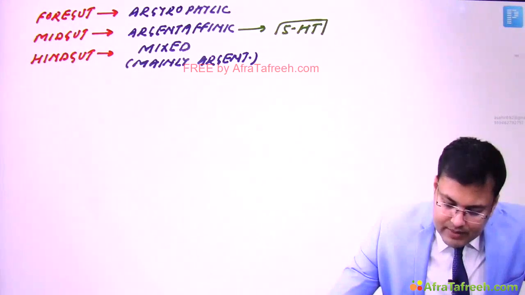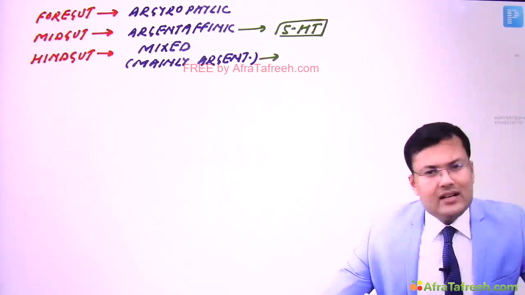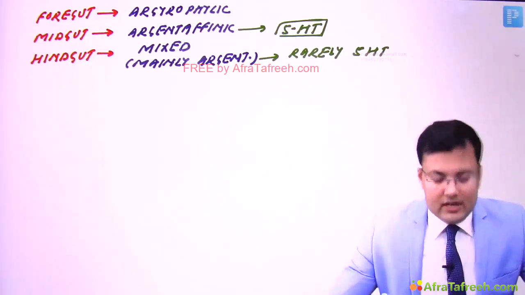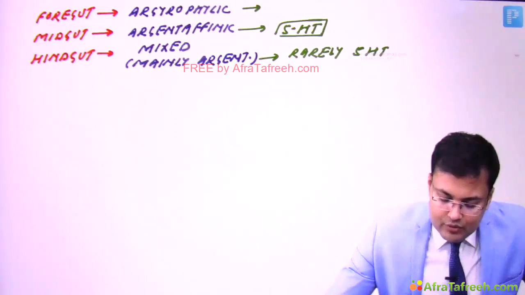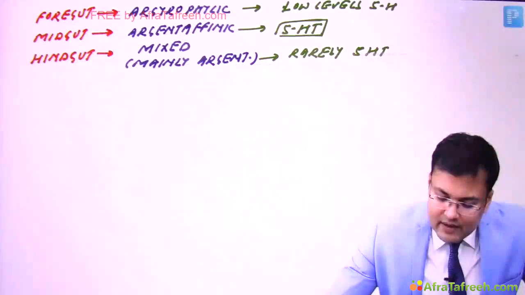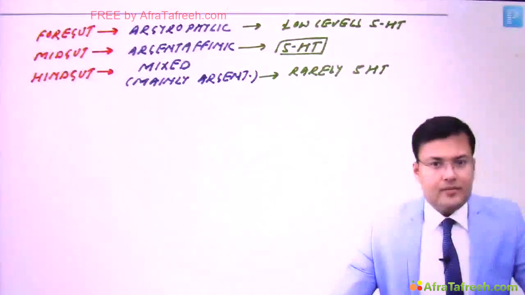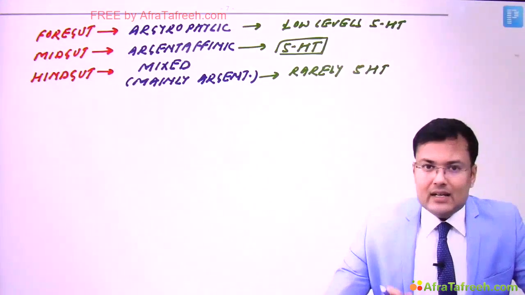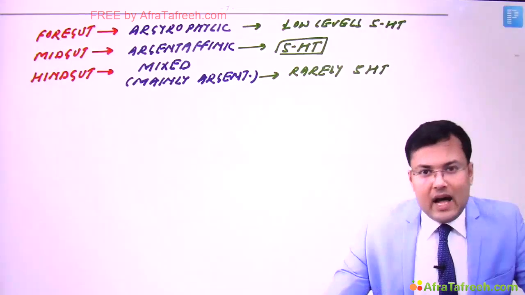Hindgut carcinoids rarely produce 5-hydroxytryptamine, and foregut carcinoids are going to produce low levels of 5-hydroxytryptamine or serotonin.